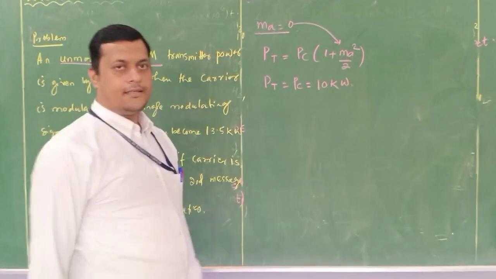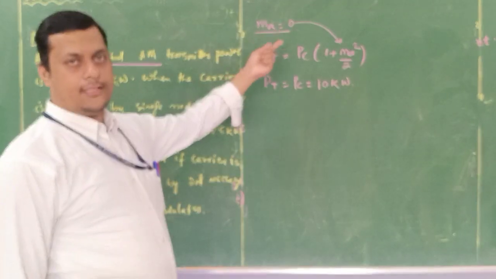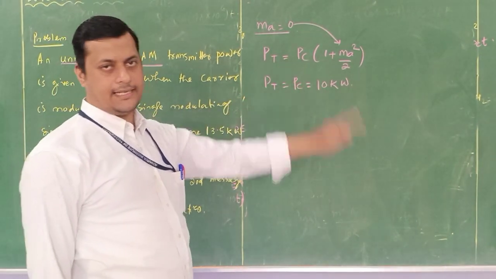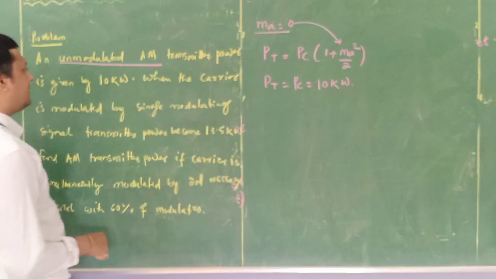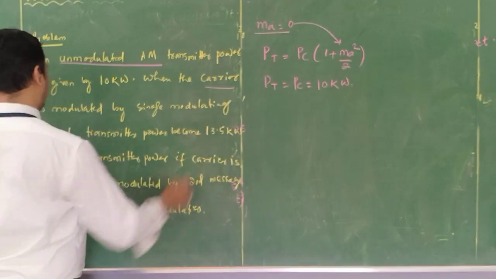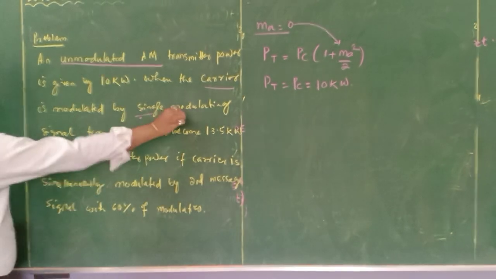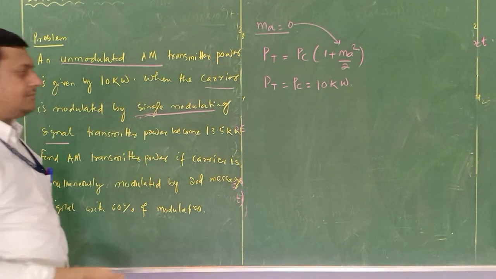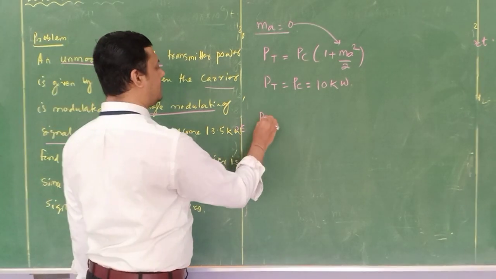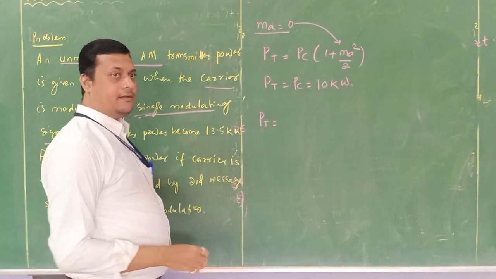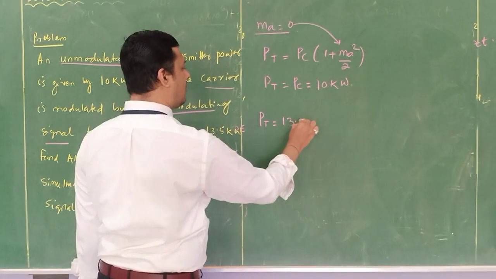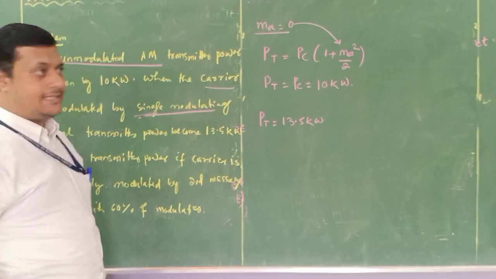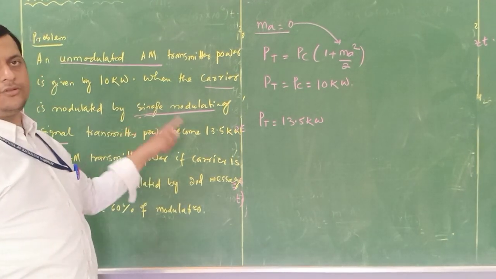Done. Here no modulation took place. The transmitted power is equal to carrier power, which is 10 kilowatt. Next comes, when the same carrier is modulated by a single modulating signal, the transmitted power becomes 13.5 kilowatt. 13.5 kilowatt means after modulation with a single modulating signal, so it is a single-tone modulated signal.